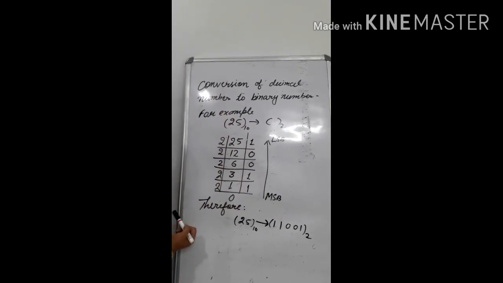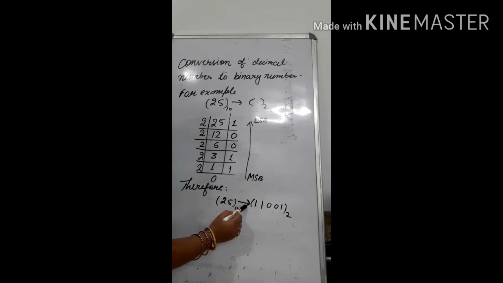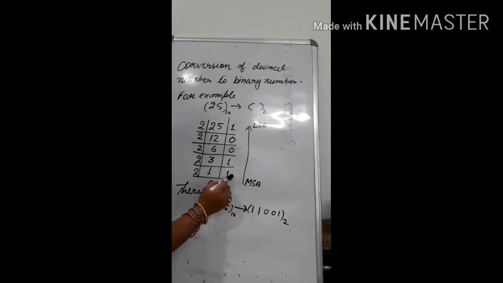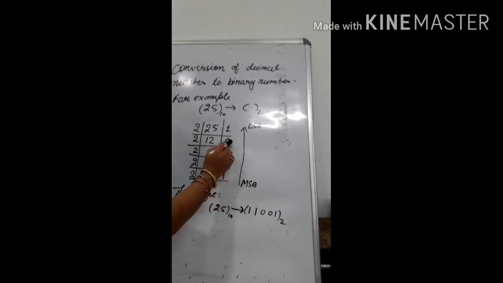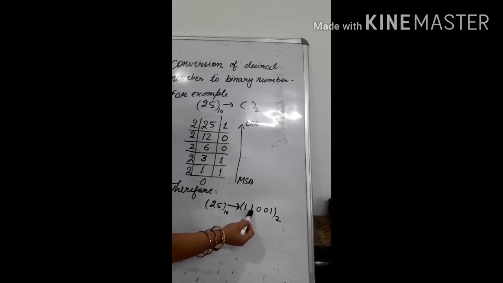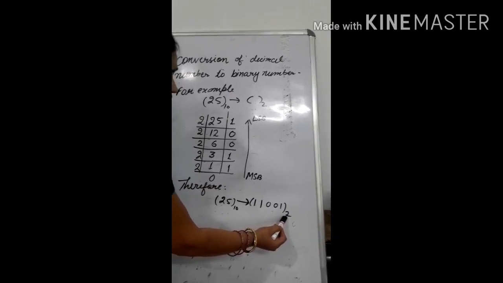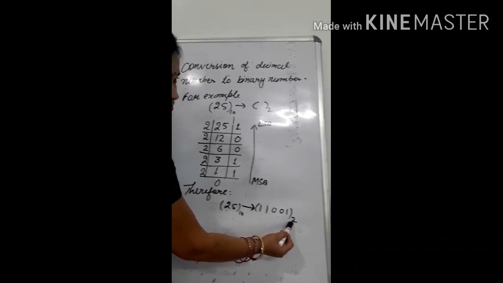Now how to write the number? 25 base 10 is equal to, we start from MSB: 1 1 0 0 1. So here as a result we get 11001 base 2. So this is our answer.